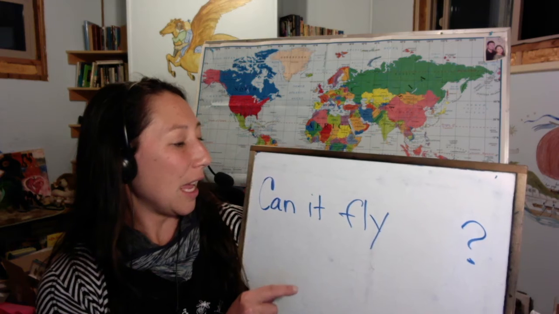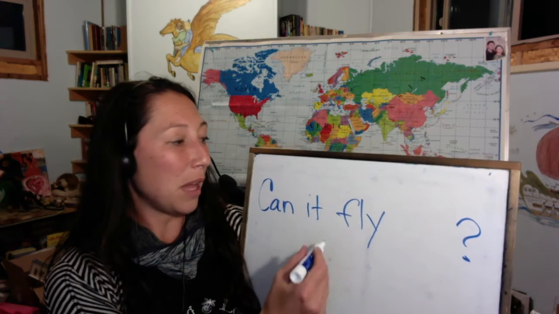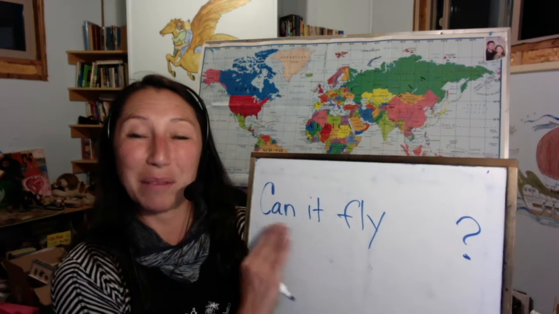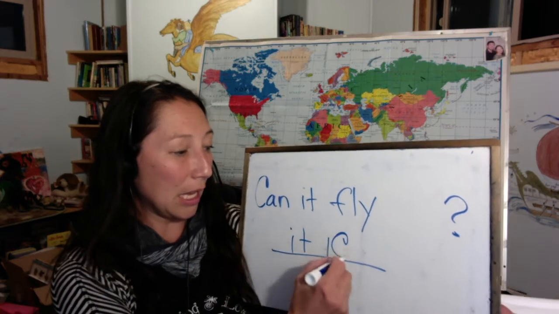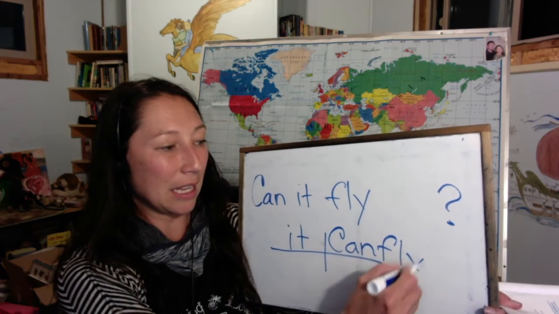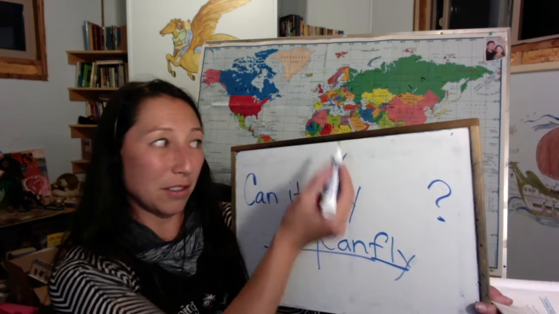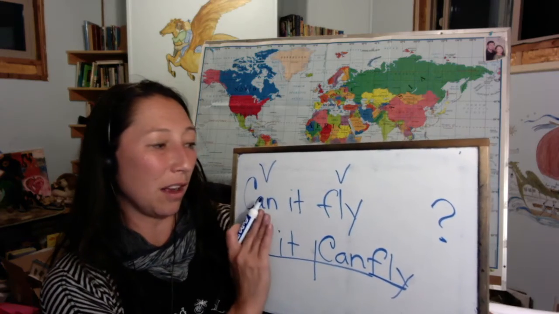And I could identify the verb as fly, but a lot of times you will miss the whole verb phrase, can fly, because it's split up. So don't forget, if you were to diagram it, it needs to be like this. It can fly. And don't forget, here's your verb, but here's your helping verb. So your action verb and your helping verb.